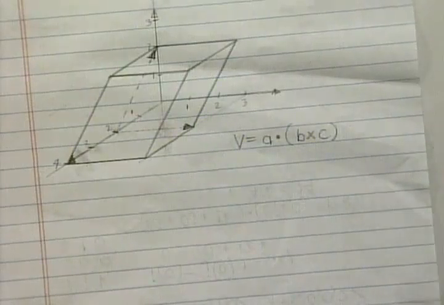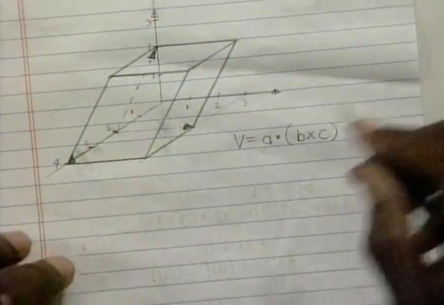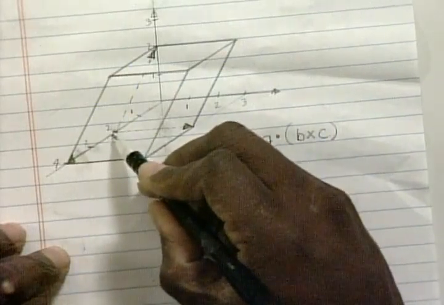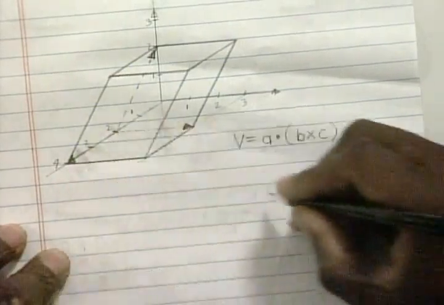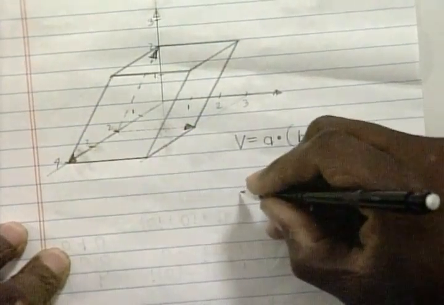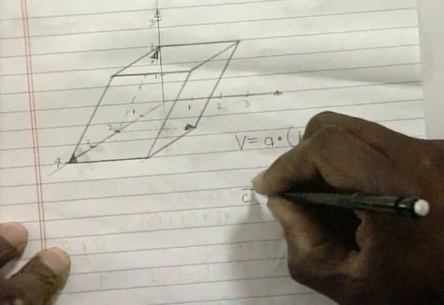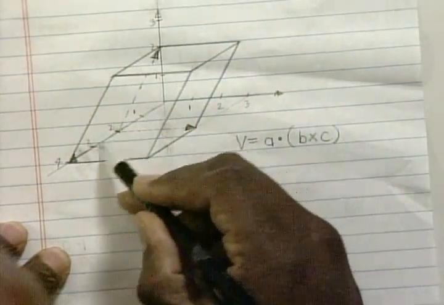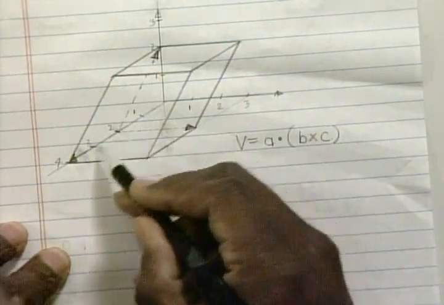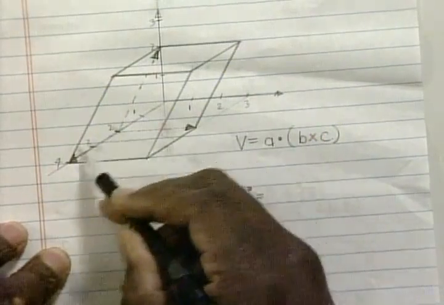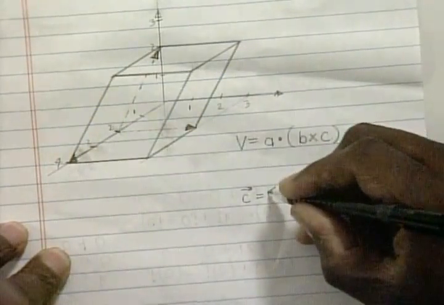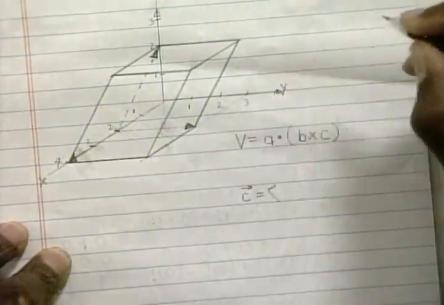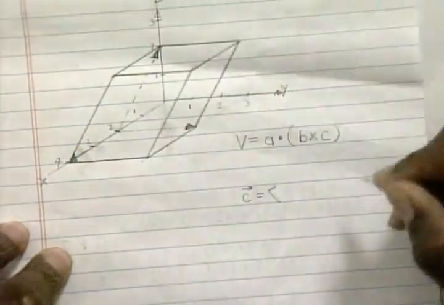Now let's call this vector C right here. Again, this is vector C. This is my x-axis, this is my y-axis, and this is my z-axis.